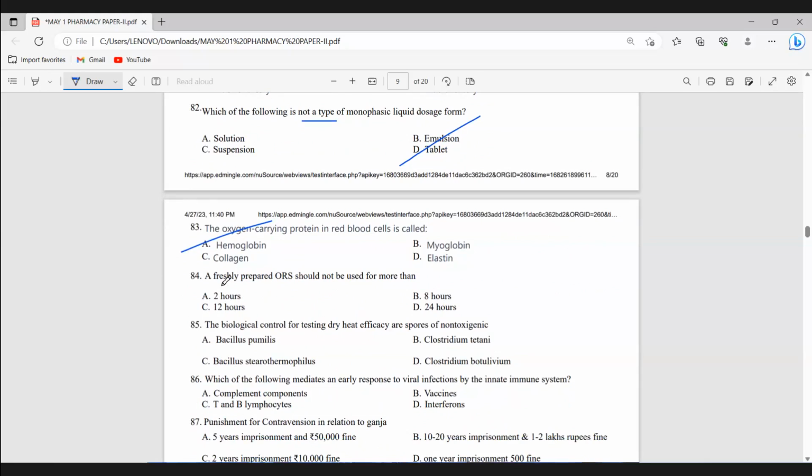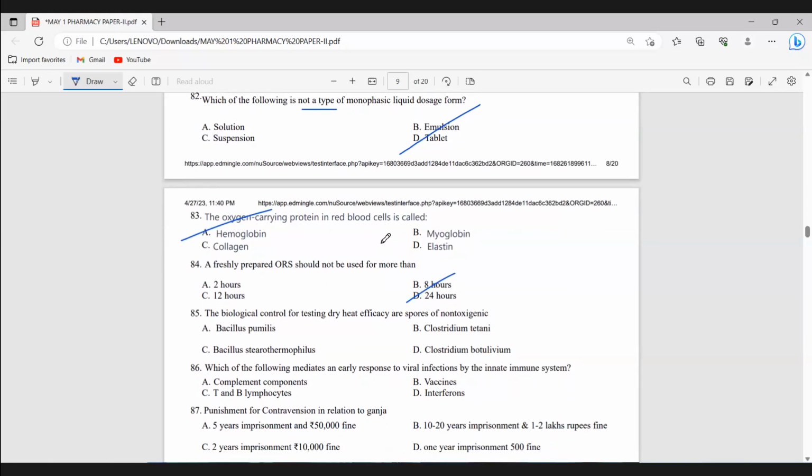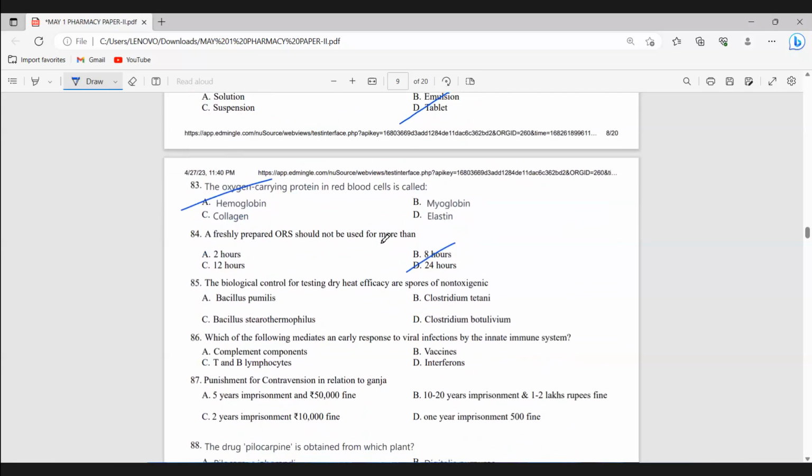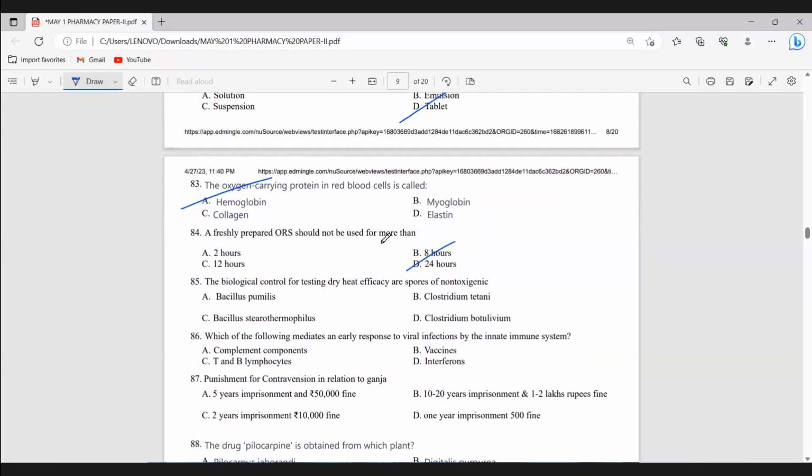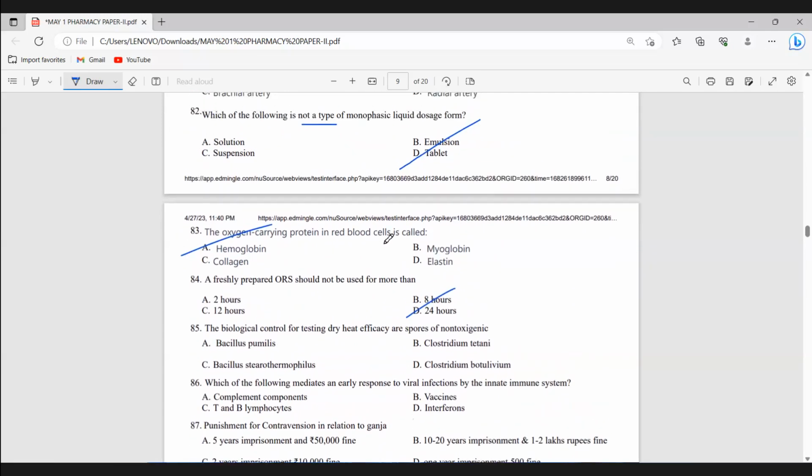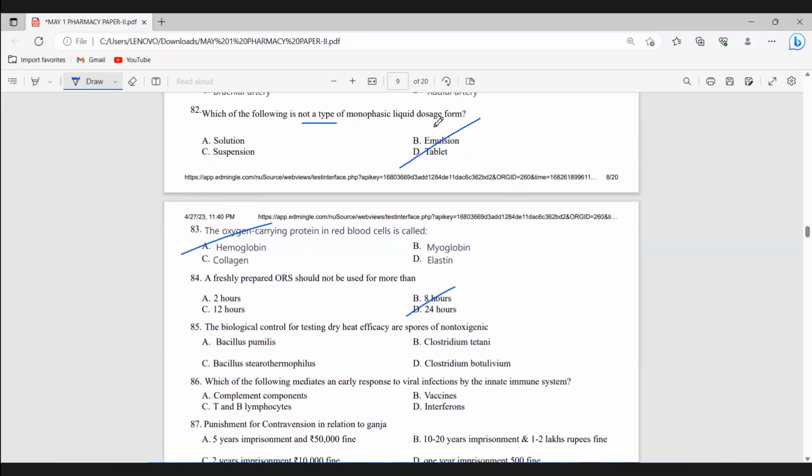Then 84, a freshly prepared ORS should not be used for more than 24 hours. Type of monophasic liquid dosage form.